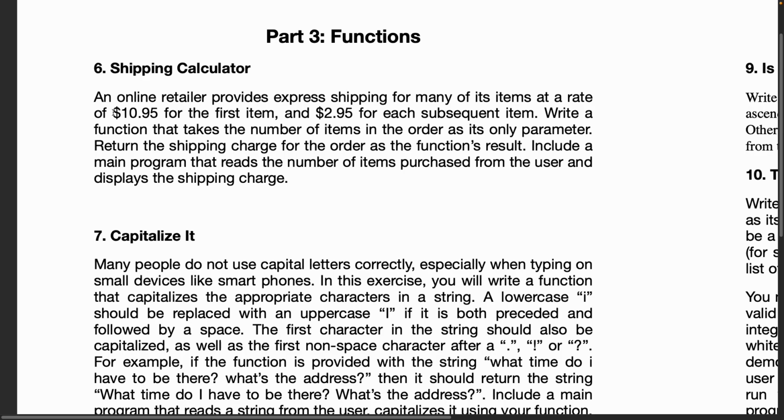The first item will always cost $10.95 to ship, and then each subsequent item will cost $2.95 to ship. This means that let's say there are 4 items, then the first item costs $10.95, and then the second, third, and fourth item would cost $2.95 each for shipping.